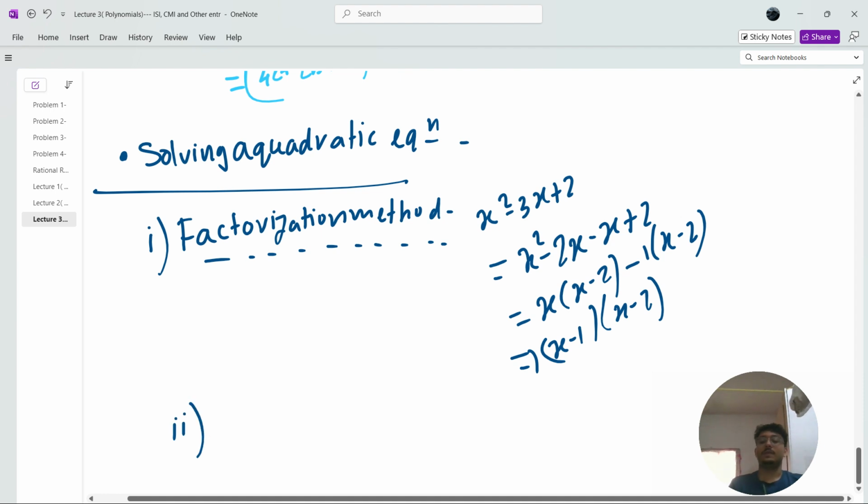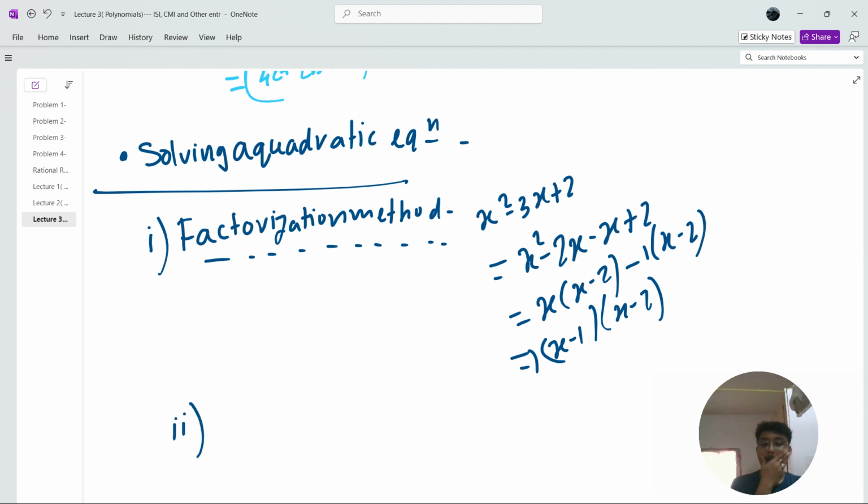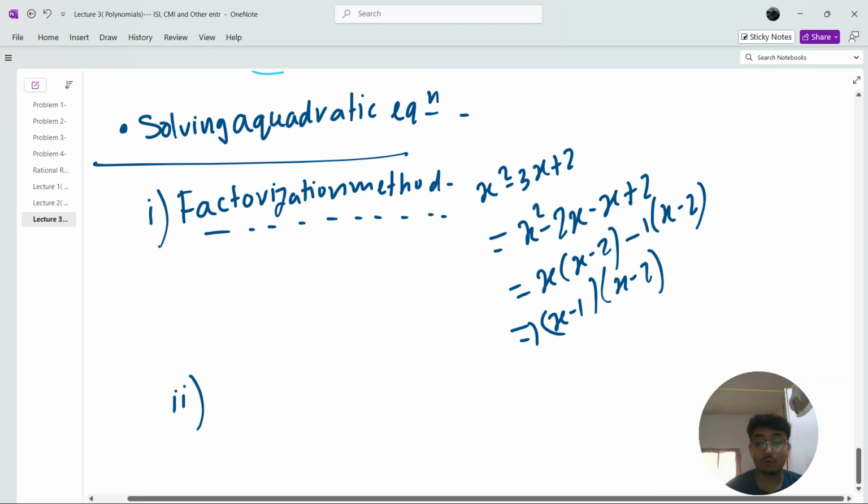Number 2 is by integer root theorem or by rational root theorem.